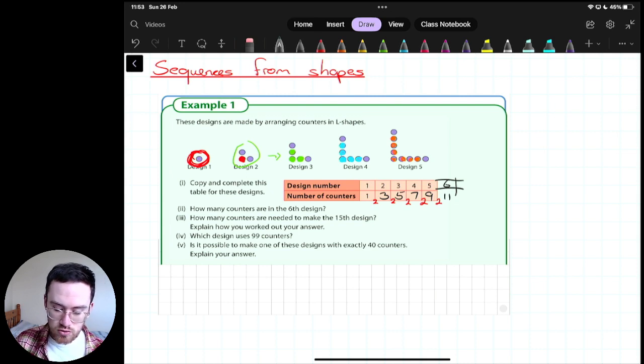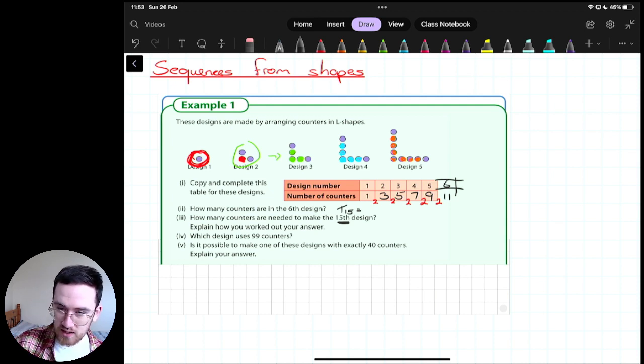How many counters do I need to make the 15th design? So remember again, 15th design, 15 is going to be that answer for n. So I'm looking for t15, and I want to know what the value of that is. I'm adding 2 on each time to the previous designs. So to get the second design, I added 2 on to the first one. To get the third design, I added on 2 twice. To get the fourth, I added on 2 three times.